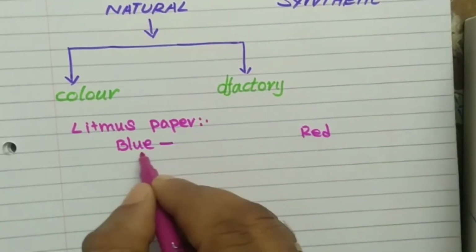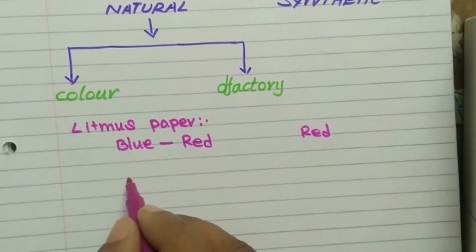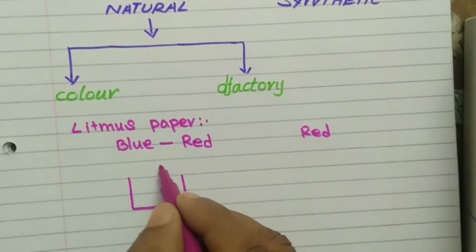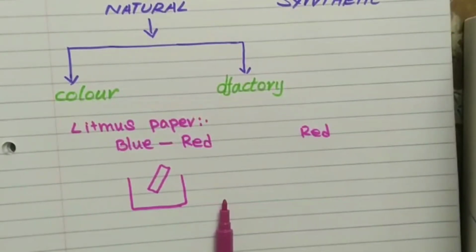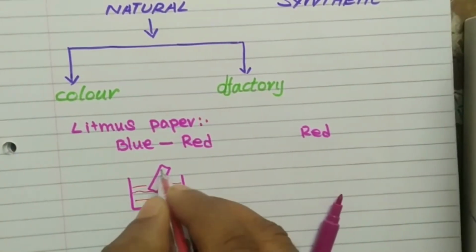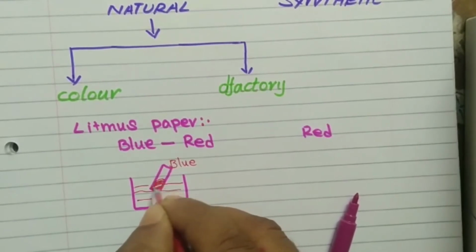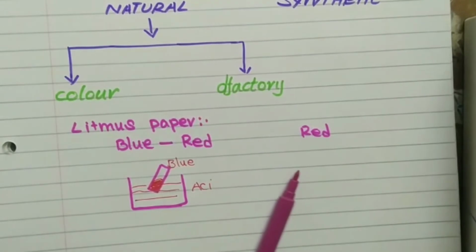Take any substance in a beaker or watch glass and dip the blue litmus paper in the solution. If the blue litmus paper immediately changes to red, that is an indication that the given substance is an acid.